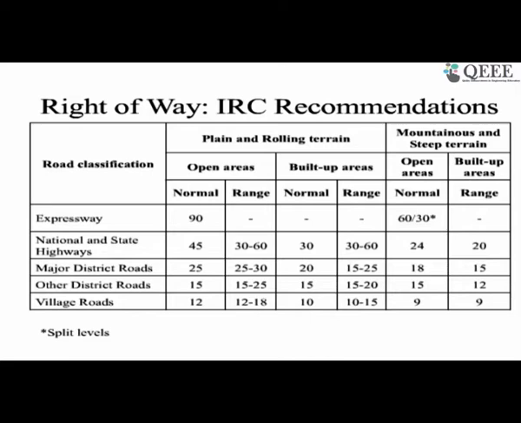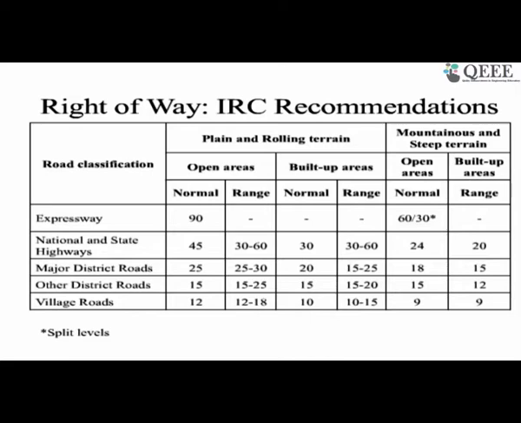So considering the future development and other things, conversion of a state highway to national highway or national highway to expressway, it's better to have more right of way, and also for this side distance at the curve, sometimes we may need a higher right of way.